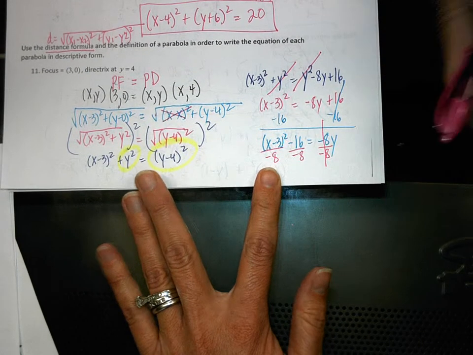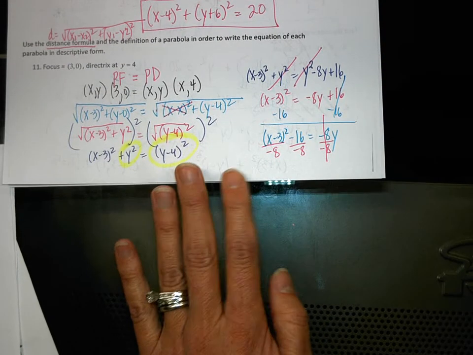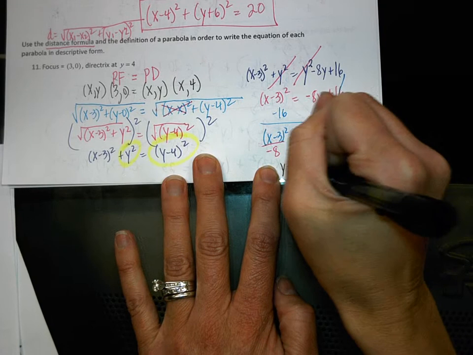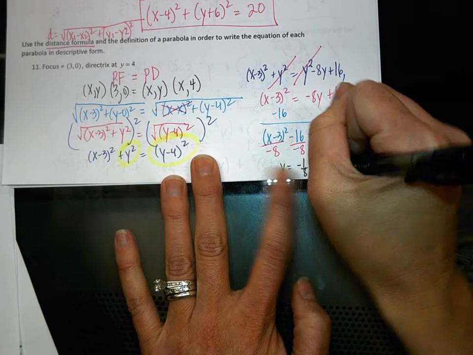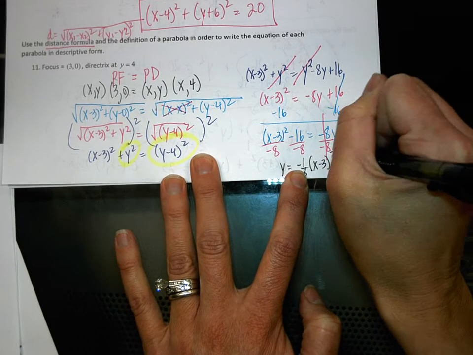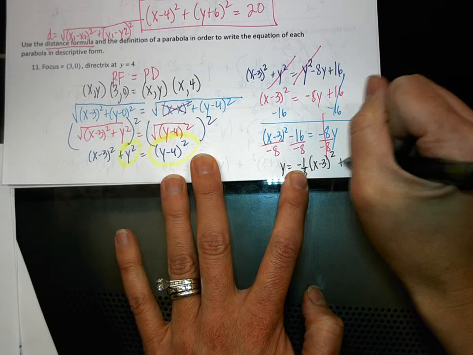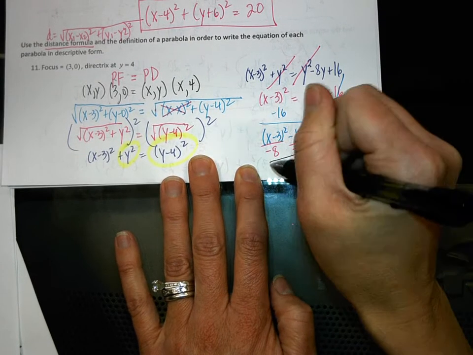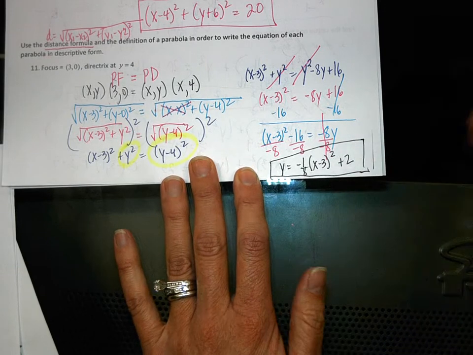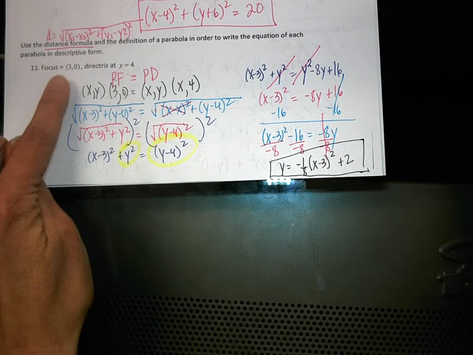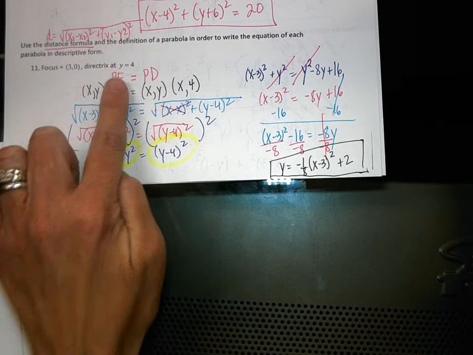When I do that, I now have y by itself, and so y equals negative 1/8 (x minus 3) squared, and negative 16 divided by negative 8 makes a positive 2. And so that is my equation for a parabola with a focus at (3, 0) and a directrix at y equals 2.